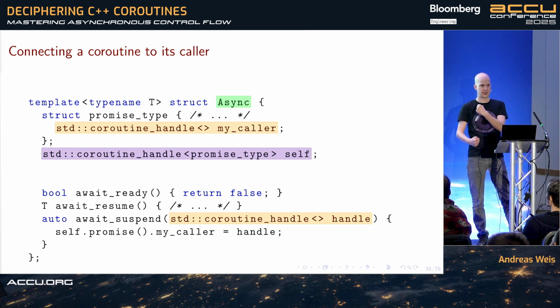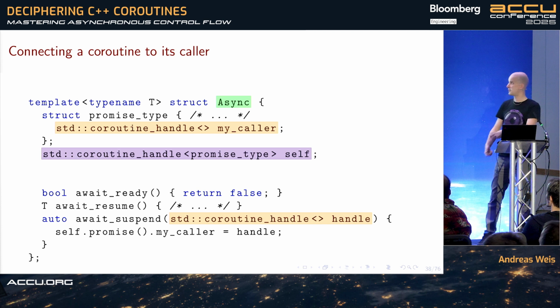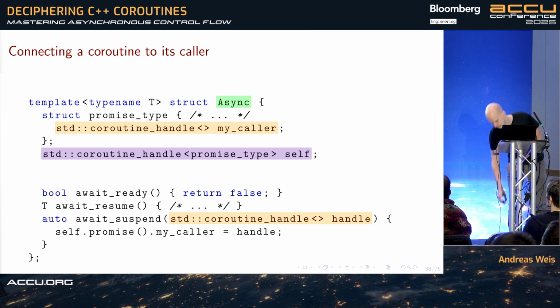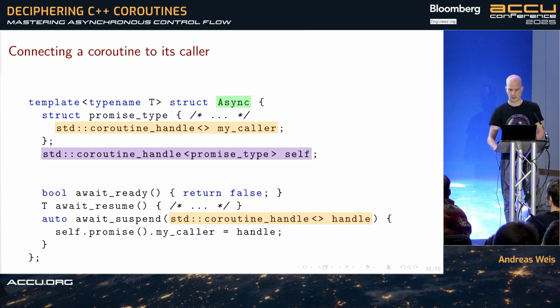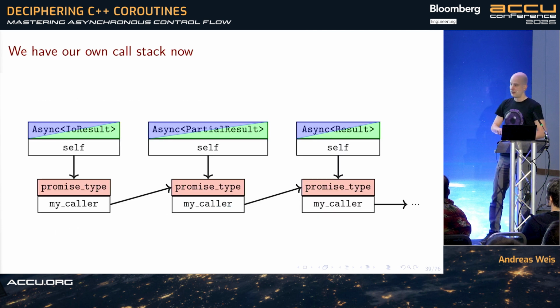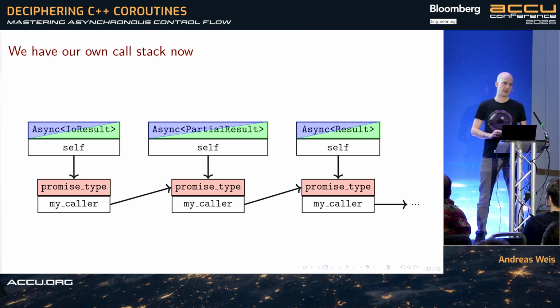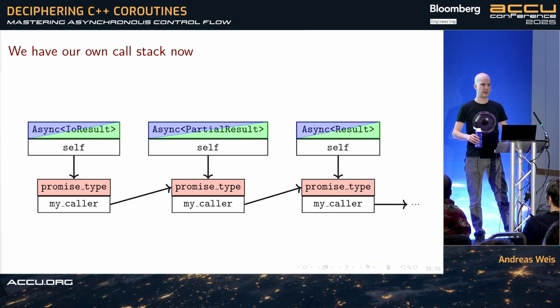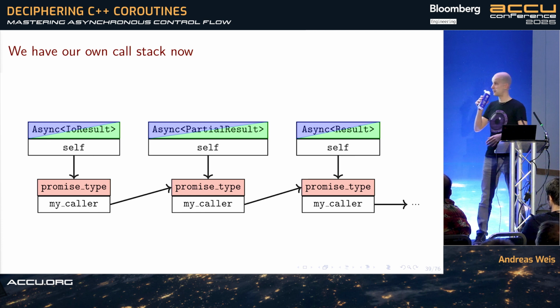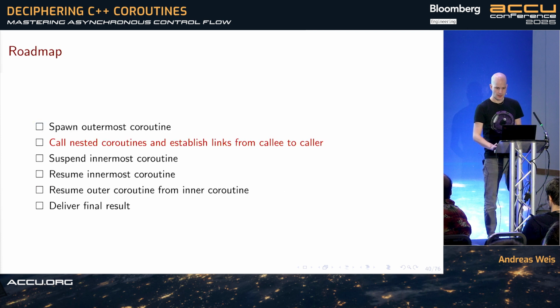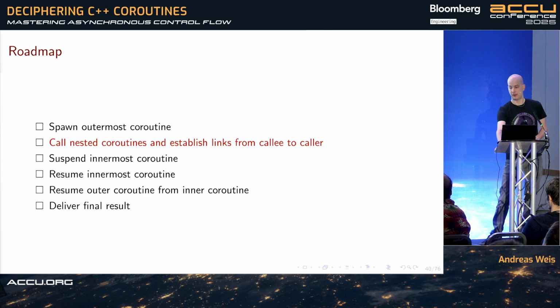This is the function that actually needs to be resumed once my result is available and I'm ready to return. And what that means is I now have a structure very similar to what we have with the call stack before. I now have this linked list from caller to callee in the asynchronous context. And that's actually all that we need to do here.